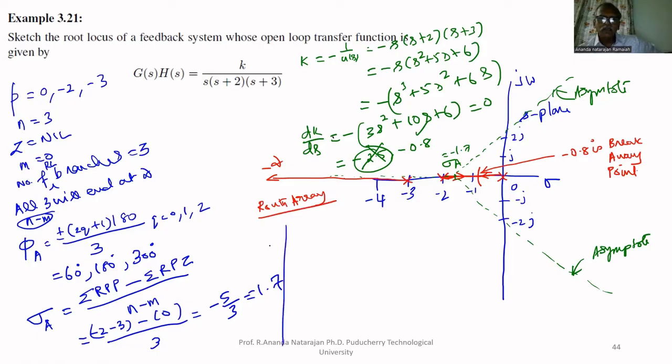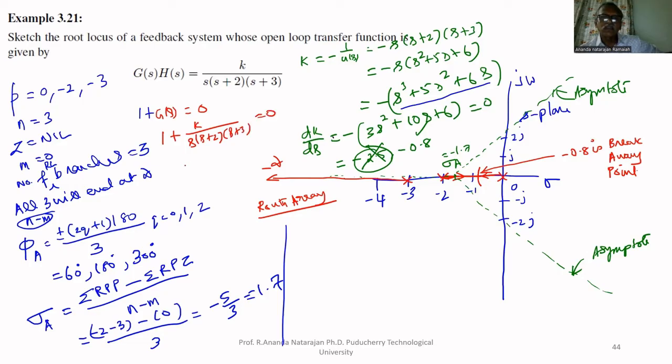For that, we have to write the characteristic polynomial. What is the characteristic polynomial? It is 1 plus g of s equal to 0. That is 1 plus k upon s multiplied by s plus 2, s plus 3 equal to 0.